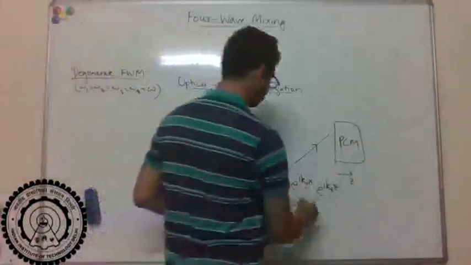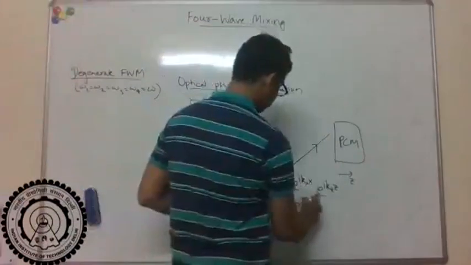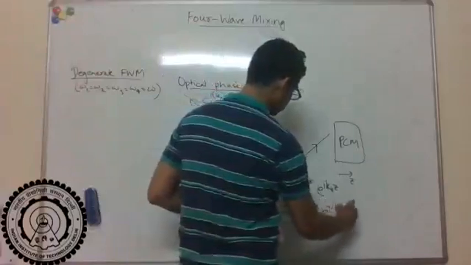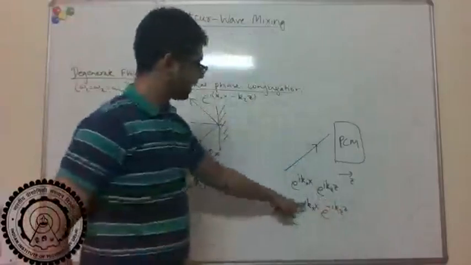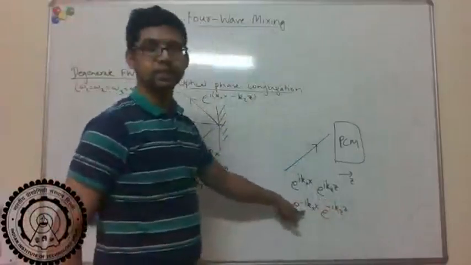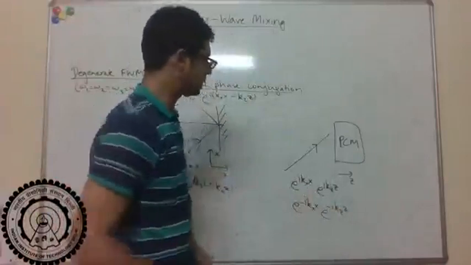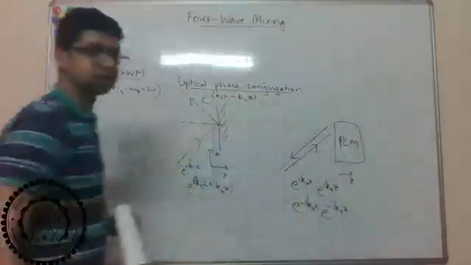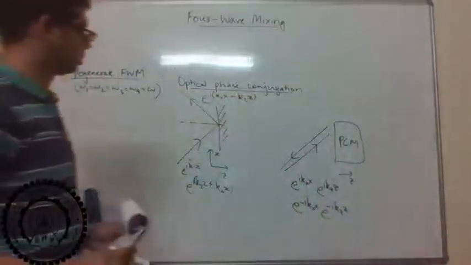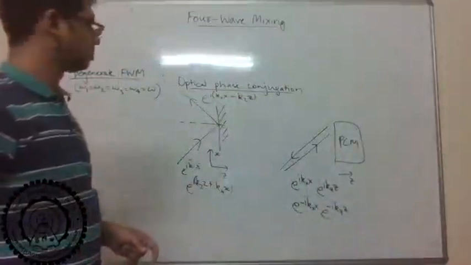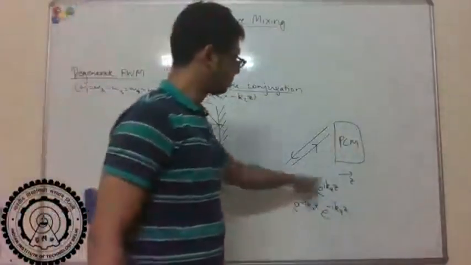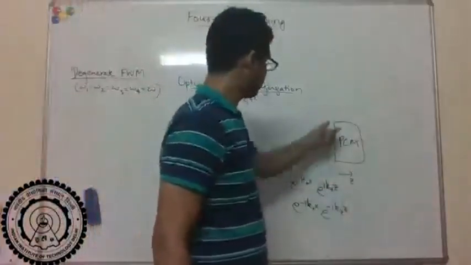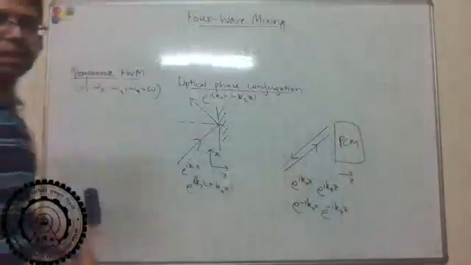When it reflects, it will take the phase conjugate, so kx will actually become minus kx, and of course kz becomes minus kz. So you can see that it actually retraces back. If you have a perfect phase conjugate mirror and you shine any ray on it, the reflected ray will actually retrace the path back.